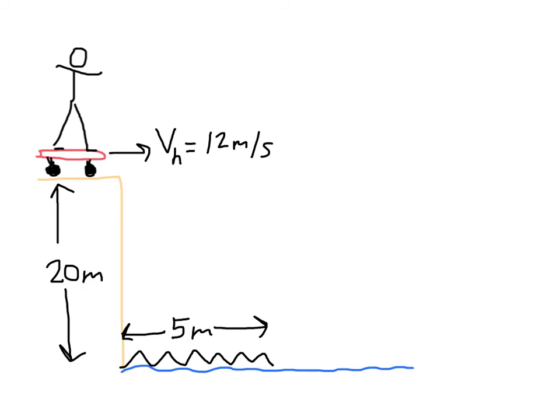Okay, I'm assuming that you paused the video now. So let's take a look at this. The first thing that I would do is figure out how much time it takes to fall. So our time to fall equation is equal to the square root of 2 times the distance to fall over the acceleration due to gravity.